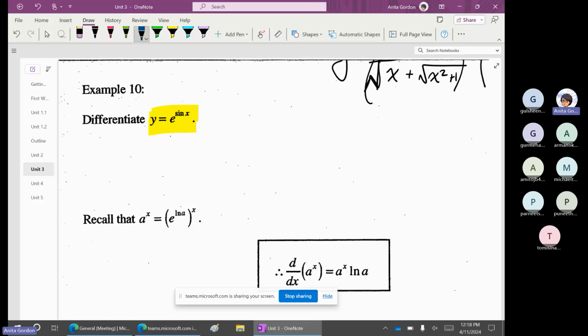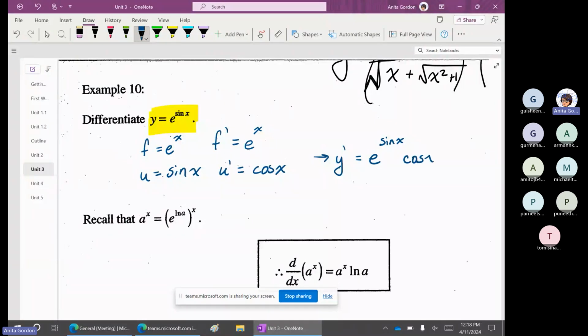E is the outside function. Right, so f prime is e to the x, u prime is cos. So y prime is e to the sine x times cos x. Done.